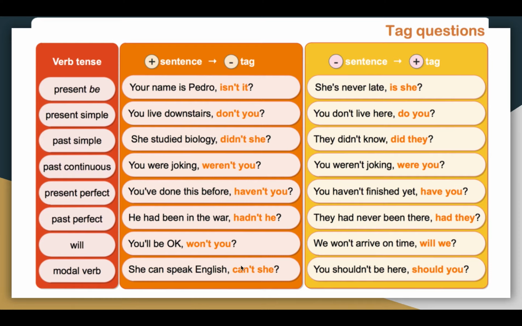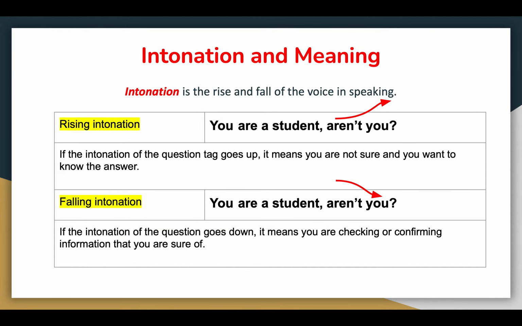Now let's talk about intonation. Teacher, how do we actually say it properly, especially in conversation? There are two ways. But first, what is intonation? Intonation is the rise and fall of the voice in speaking.